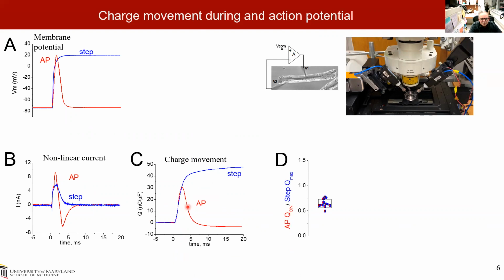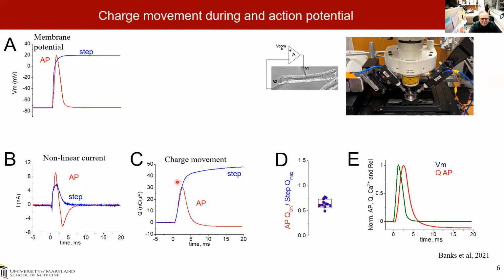Compared to the charge moved by a step depolarization to plus 20 millivolts, which should move the maximum available mobile charge, the action potential moved approximately two-thirds of Qmax. We believe that these are the first measurements of membrane voltage sensor charge movement during an action potential in a skeletal muscle.